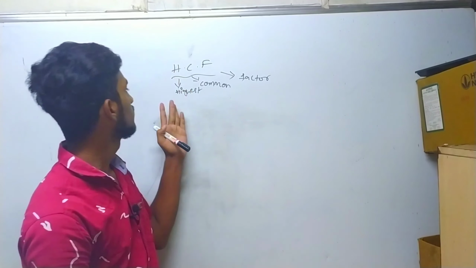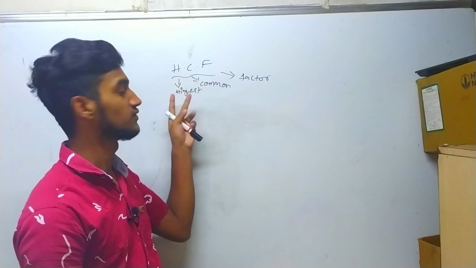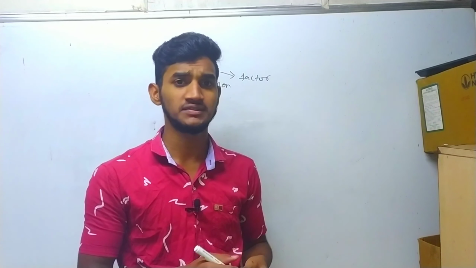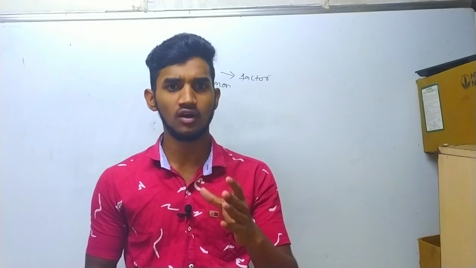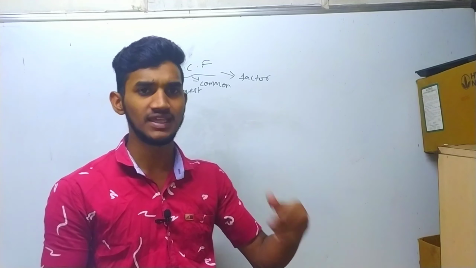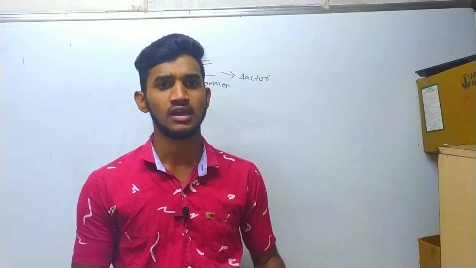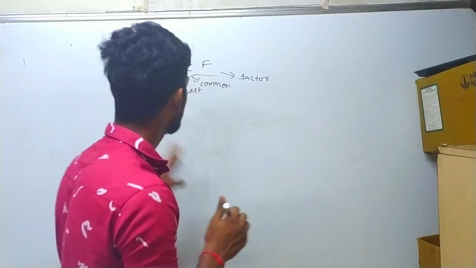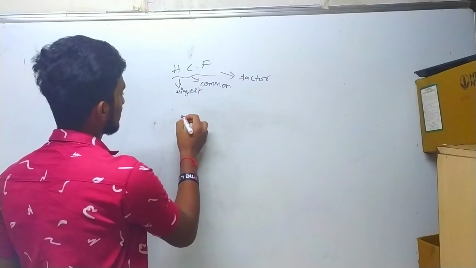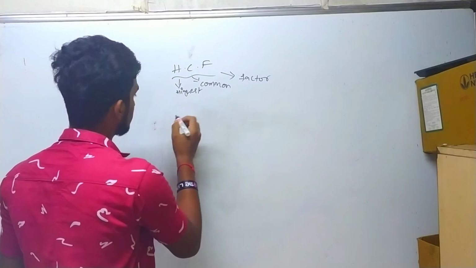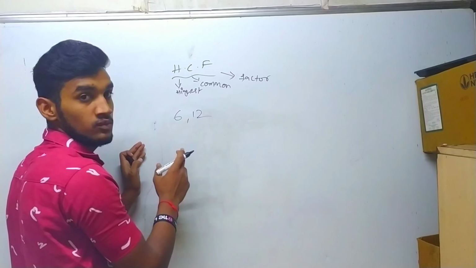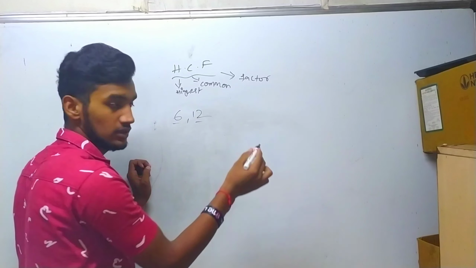In this exercise we will apply the formula of HCF and solve the questions with well defined steps. If I take small numbers, first we will take 6 and 12. We have to find the HCF of 6 and 12.